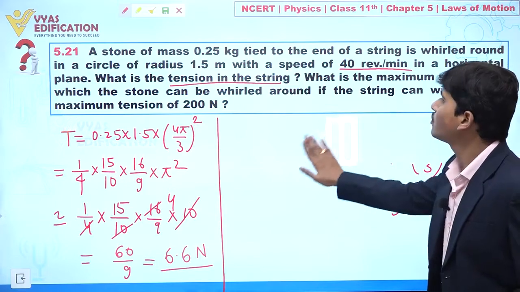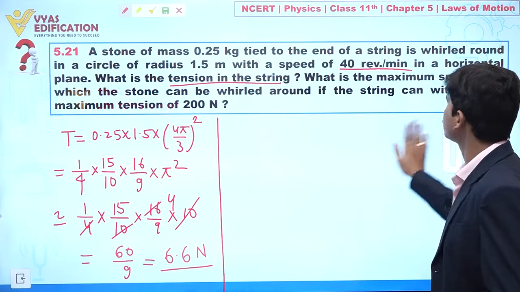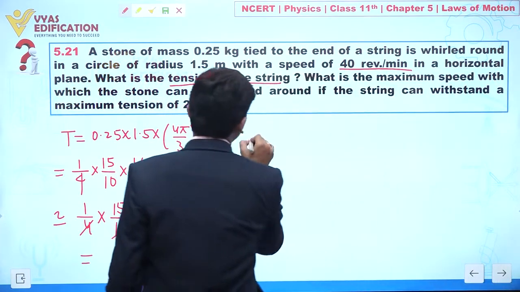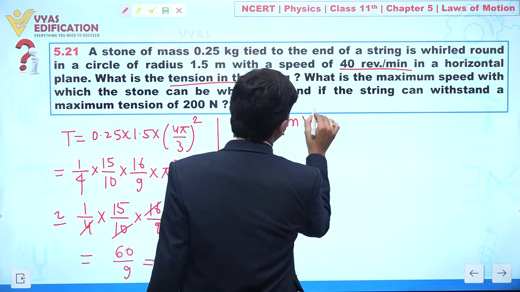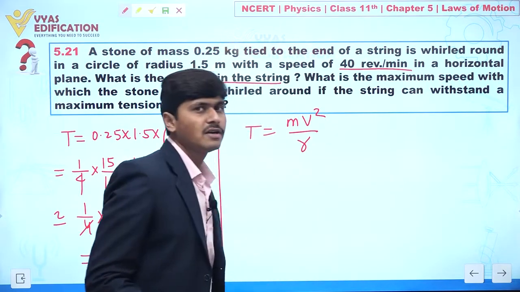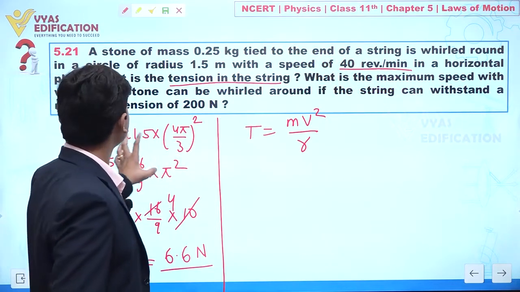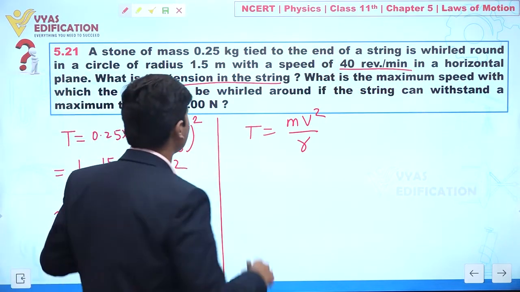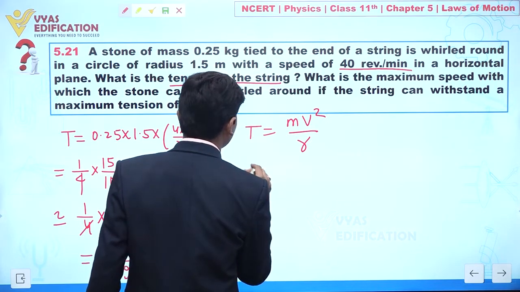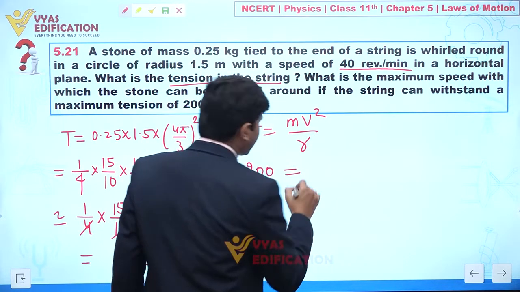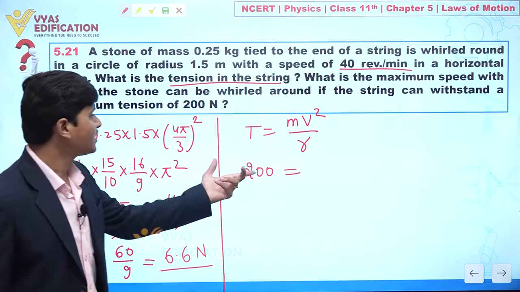But what about the maximum speed of the stone, clear. Now we can see tension T is also written as m v square by r, clear. In this question it is given the maximum speed with which the stone can be wheeled if the maximum tension that can be given in this string is 200 Newton, clear. So the maximum value of tension is given, 200.